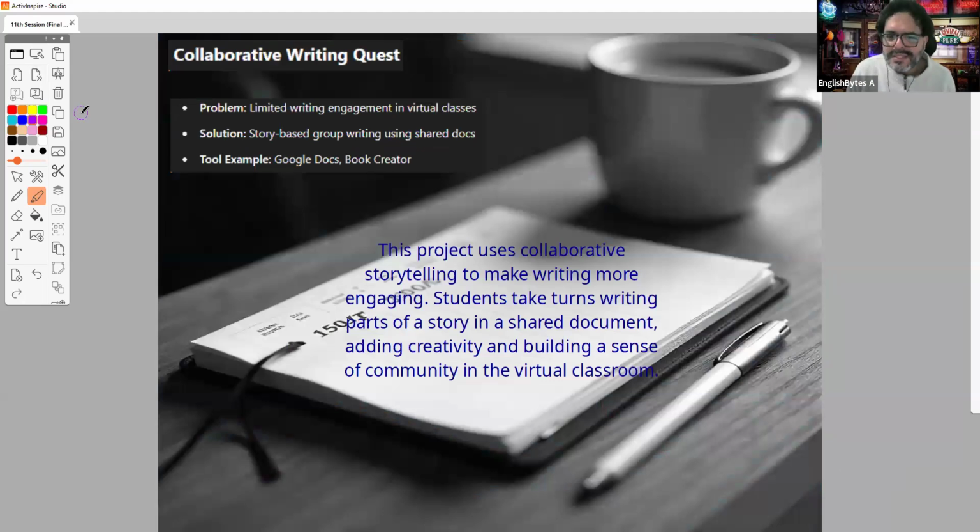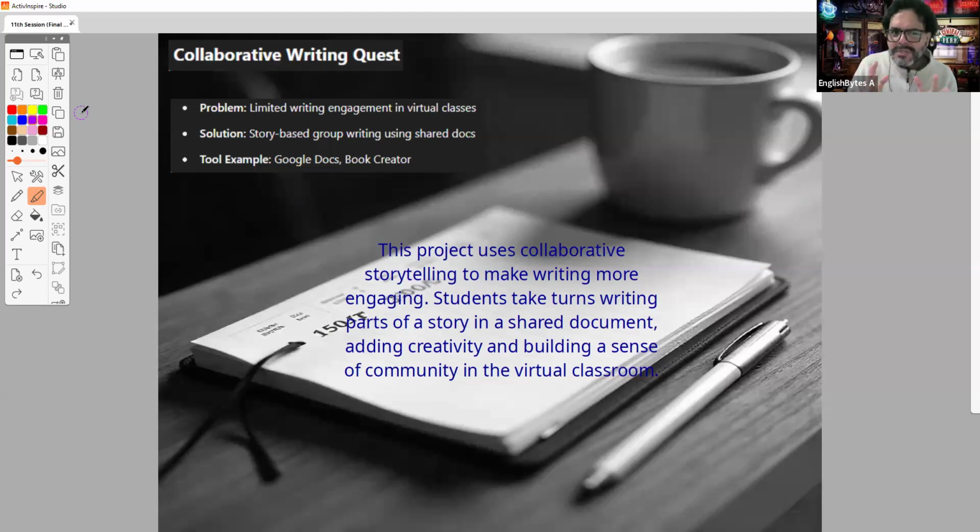Collaborative writing quest. This is kind of similar to the previous one, but this is specific for those students who are, let's say, good at speaking English, good at reading, good at answering questions, but they have a terrible problem when they need to write English.